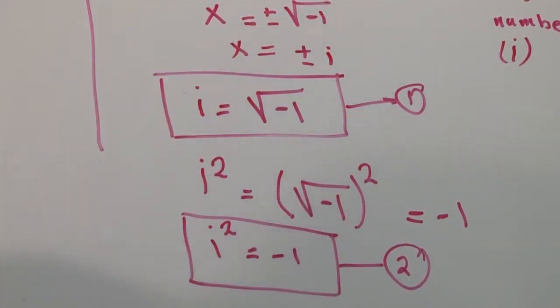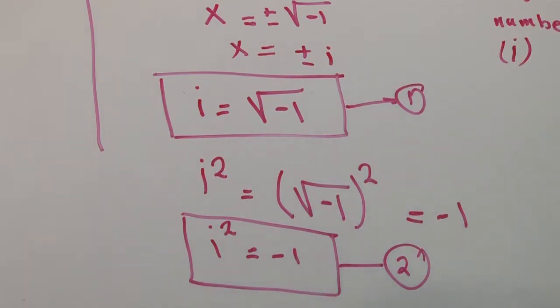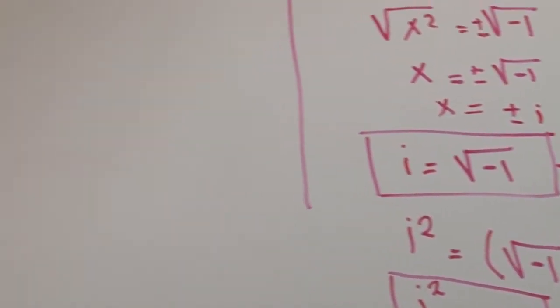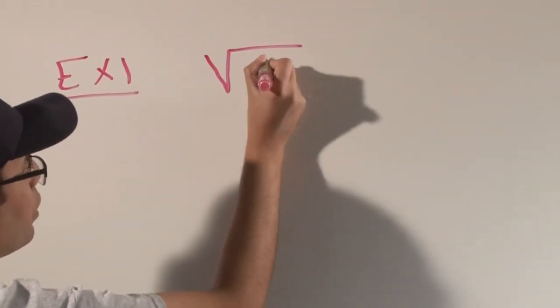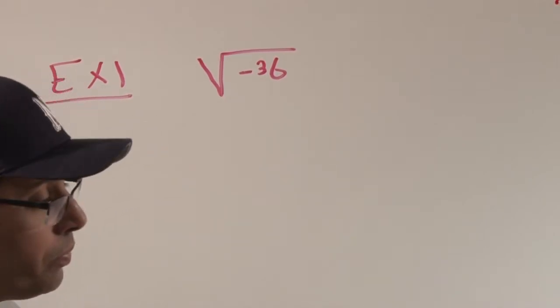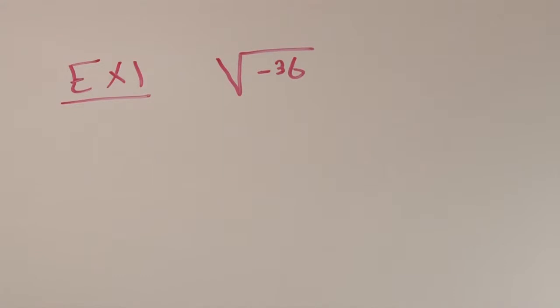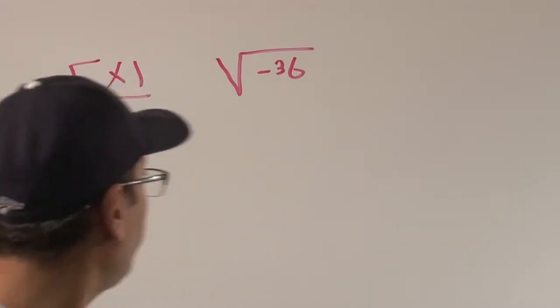Okay. Let me take some examples for my lesson today. How about example 1? What is the square root of negative 36? Let's compare between those two numbers. Uh-oh, that's not negative 1, but it has a negative.